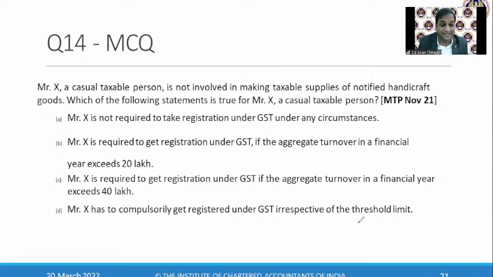Options A, B, C, D. He is making taxable supplies of notified handicraft goods. He is not required to take registration.